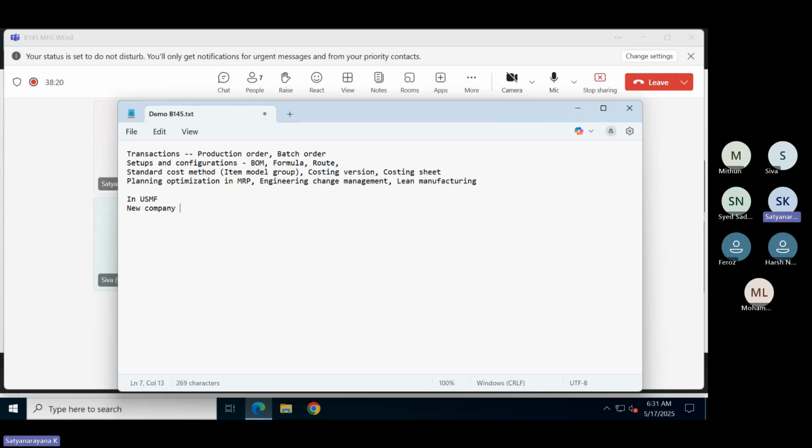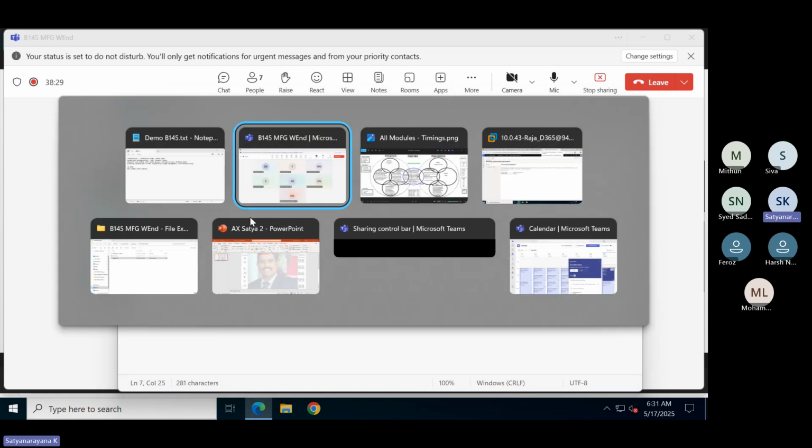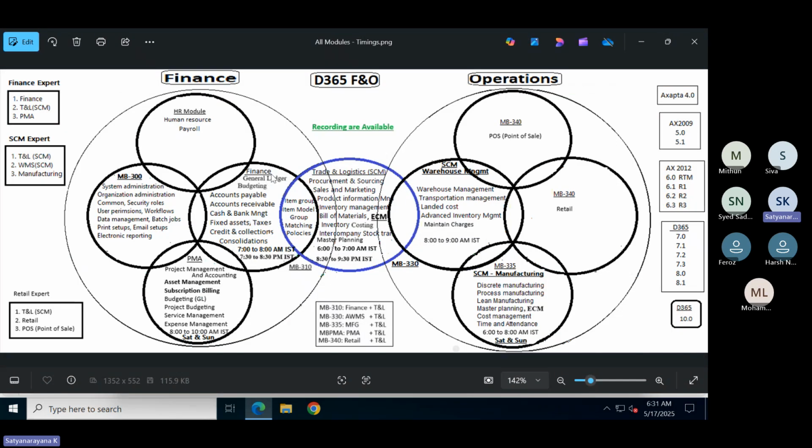If I create the B145 company, because this is batch 145, then I need to map minimum setups related to finance, and minimum setups related to SCM trade and logistics. Then after completing the minimum steps, I will create the new company setups in the manufacturing section.